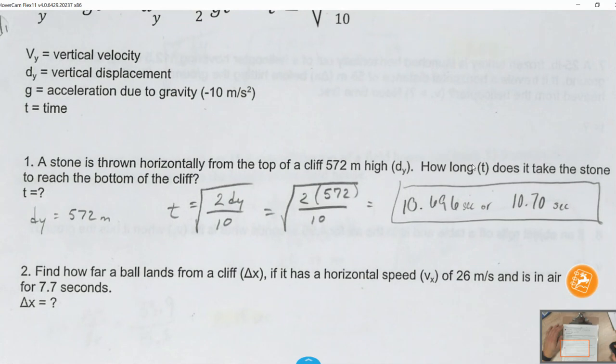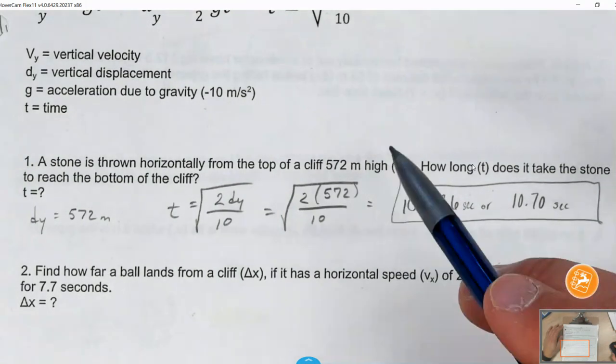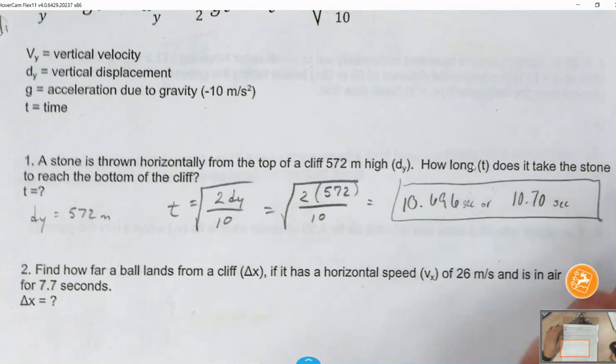Okay, how far does a ball land from a cliff? That is your delta x, if it has a horizontal speed of 26 meters per second and it's in the air for 7.7 seconds.